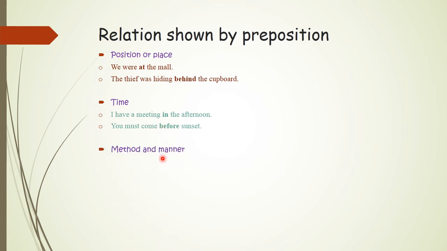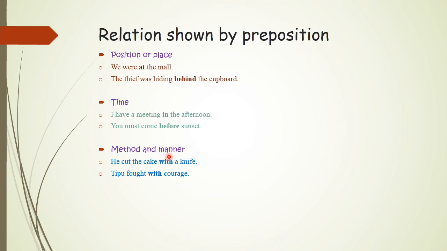Method and manner. Method and manner means the manner in which we do something or the way we act. He cut the cake with a knife.